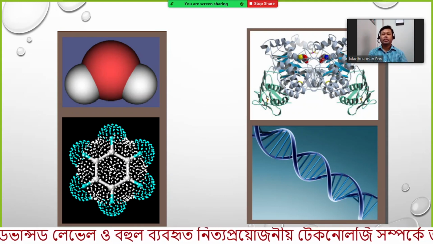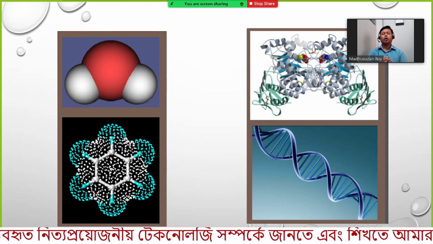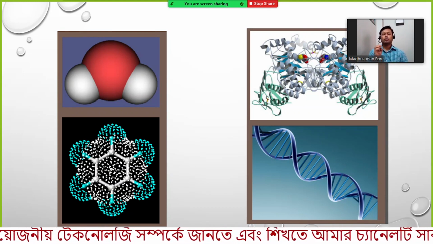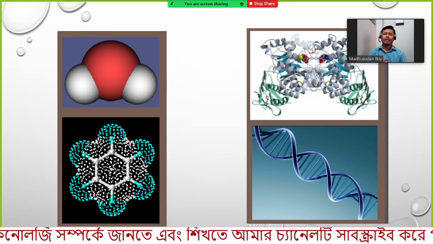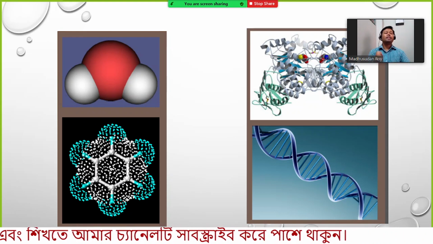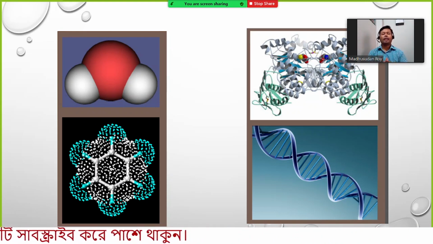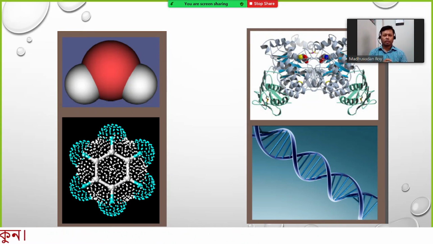Molecular symmetry means if you do some operation based on a certain point, line or plane, the molecule will be identical to the previous one. So if the molecules before and after the operation are identical, these two molecules have molecular symmetry.